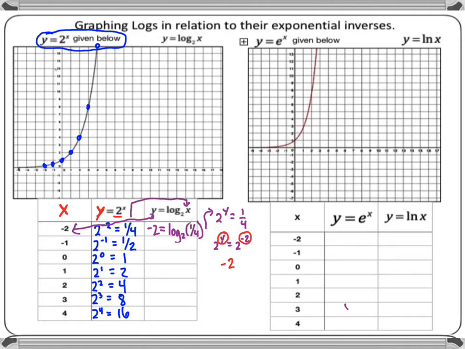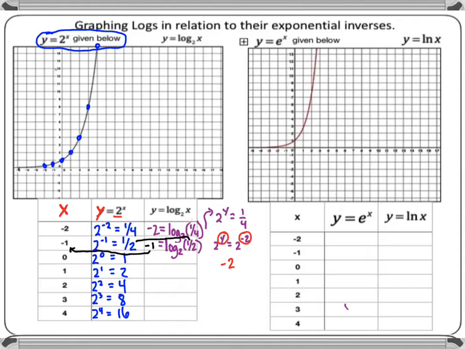Continuing with this pattern, if I go to the next one and say log base 2 of 1/2, notice that this got put in here, and therefore that's going to equal negative 1, which I know was the input.